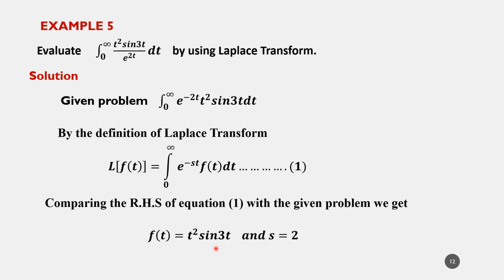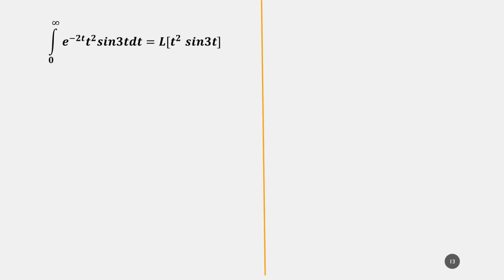Now, this integral is equal to L of f of t, so this integral will be equal to L of t square sine 3t, and after calculating L of t square sine 3t, put s is equal to 2.